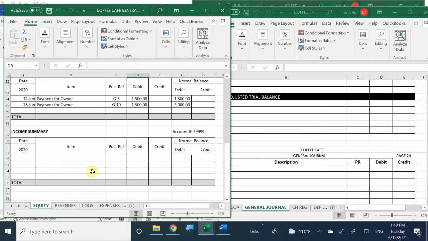Income summary gives you exactly what the account says: a summary of whether you made a profit, net income, or a net loss. It allows us to journalize it in a way to convert our profit and display it onto our actual paper.